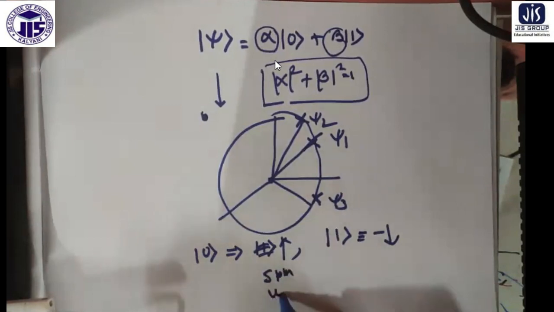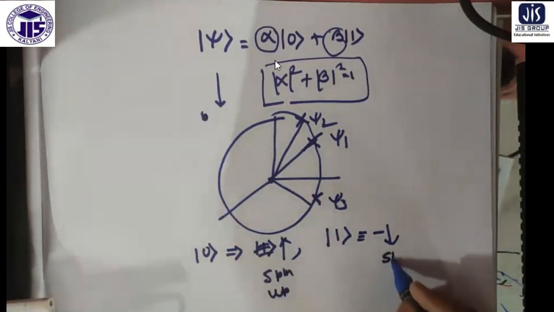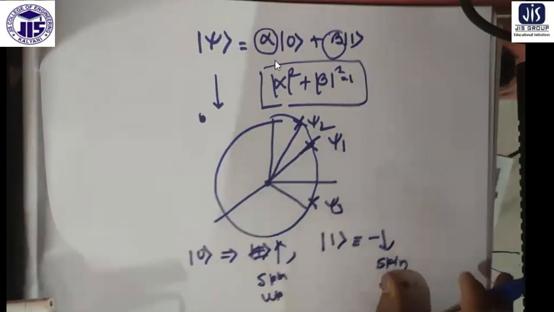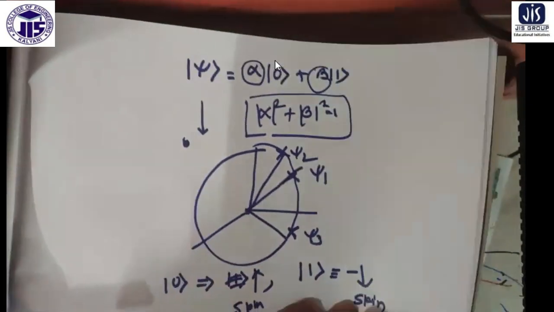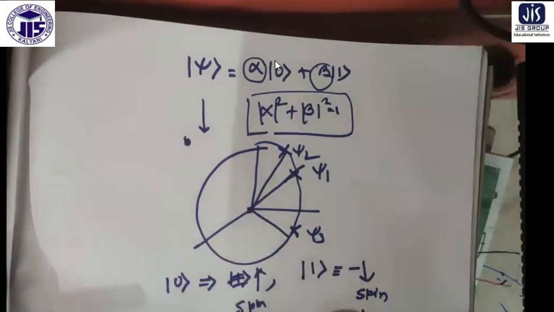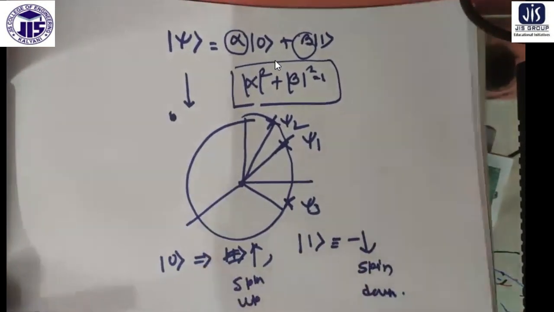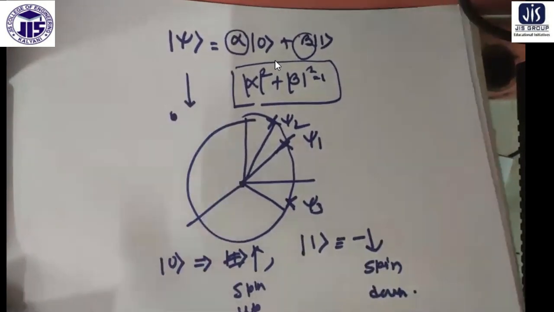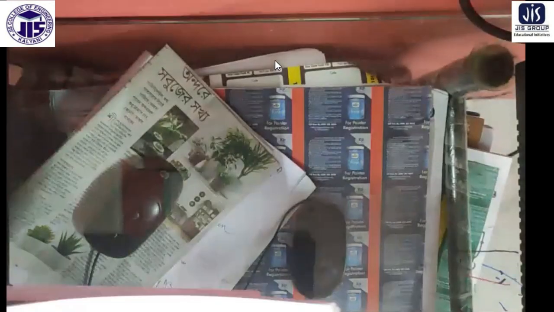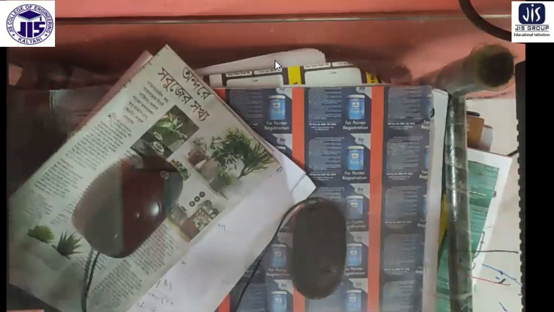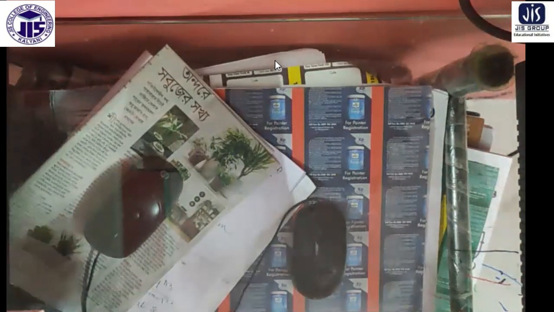And what spin is, we just came to know. So what we are trying to do now is manipulate this electron spin, the spin of the electron.